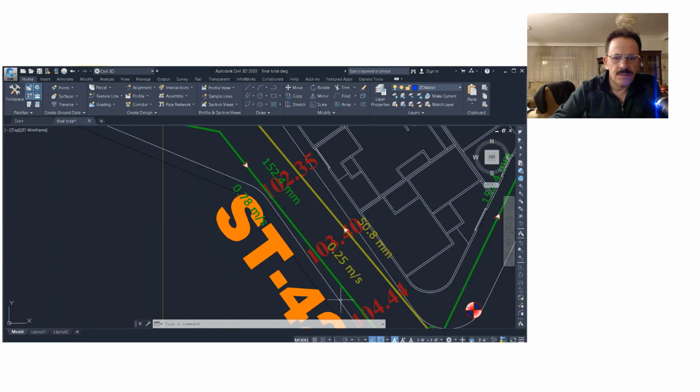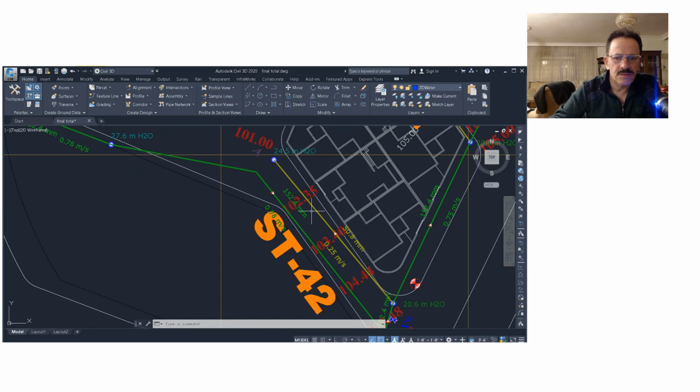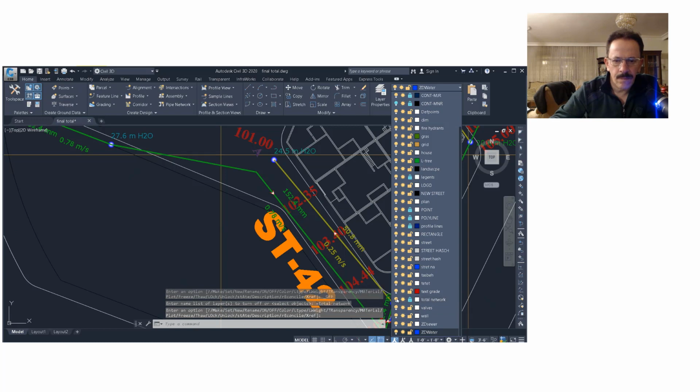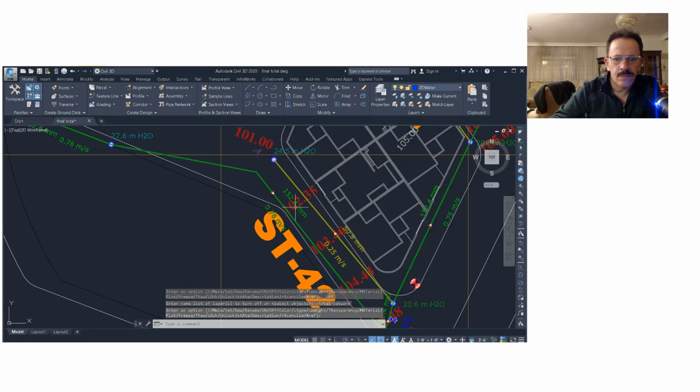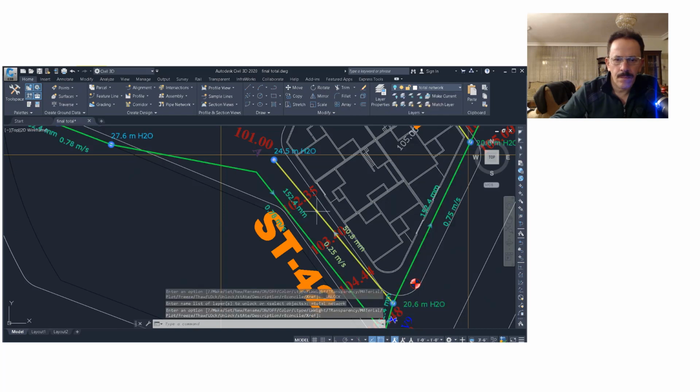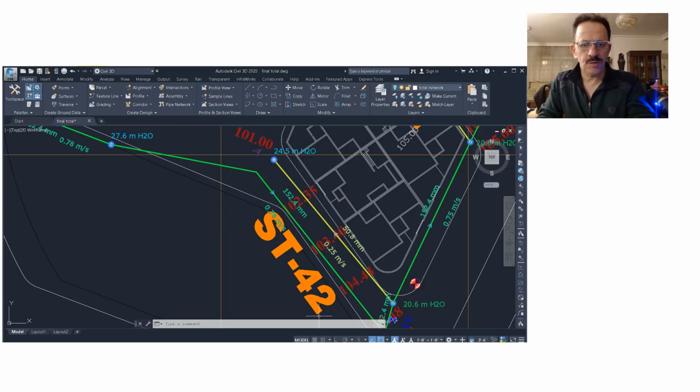By the way, previously I designed something here, the total network. I want to turn off the total network.